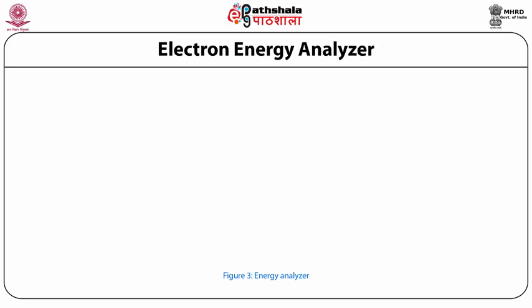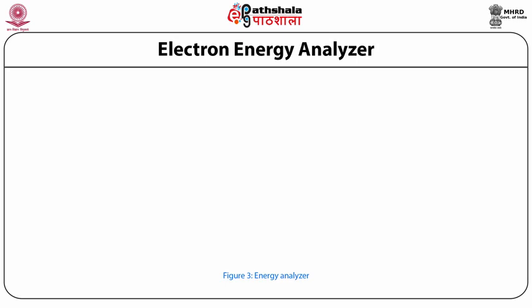For example, with a retardation ratio of 10, the pass energy is only 10 electron volt for E equal to 100 electron volt, and the pass energy is 100 electron volt for E equal to 1000 electron volt.